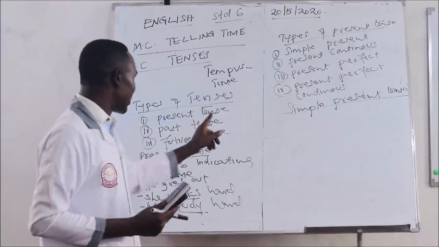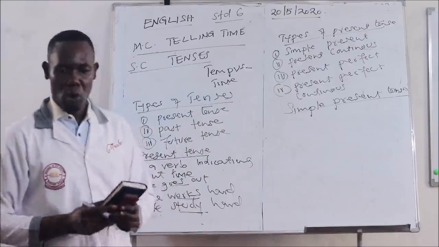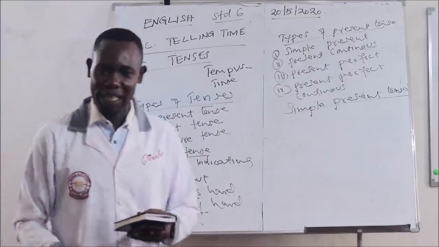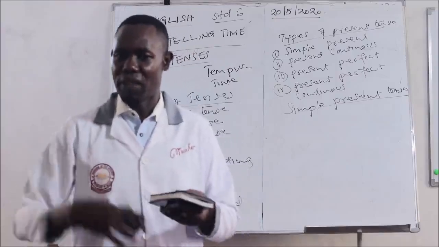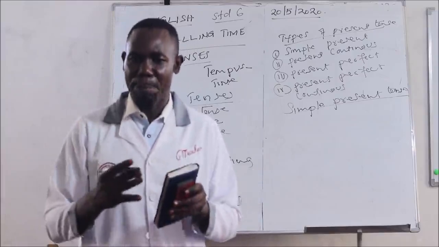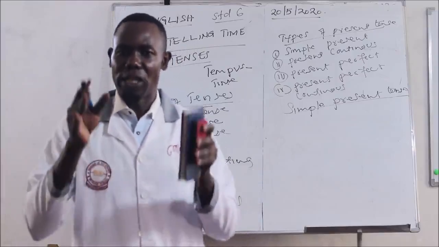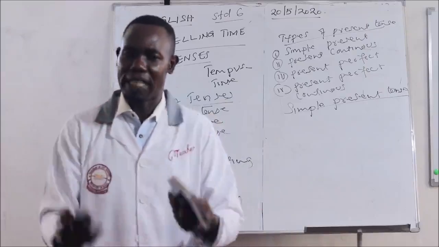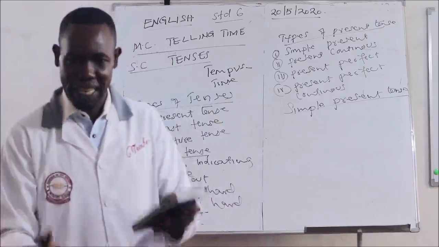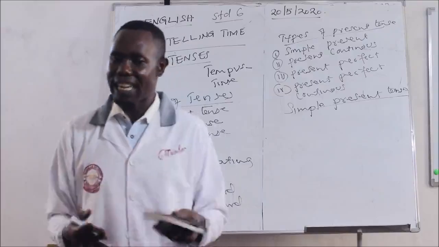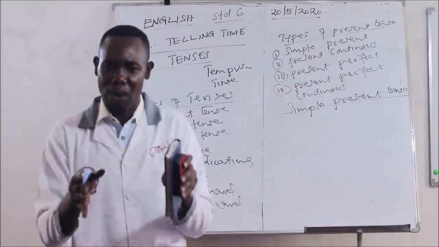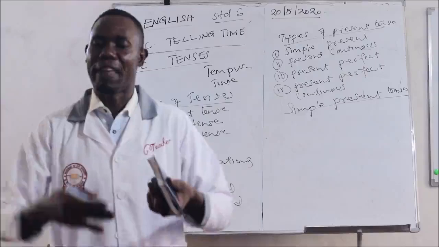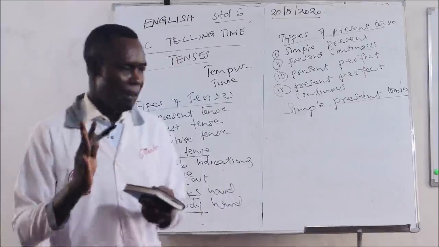Present perfect continuous tense is used to describe an action that has been done and completed or not completed by the time the speaker is speaking. For example, she has been crying since morning. It means that by the time we are talking, maybe the speaker has stopped what he is doing or has not stopped what he is doing by the time you are conveying your information.